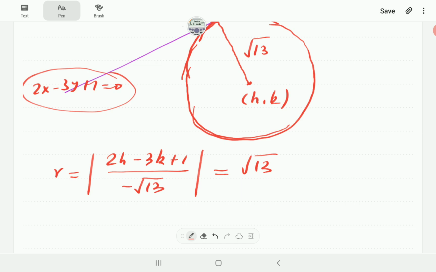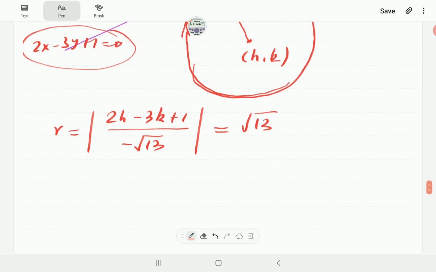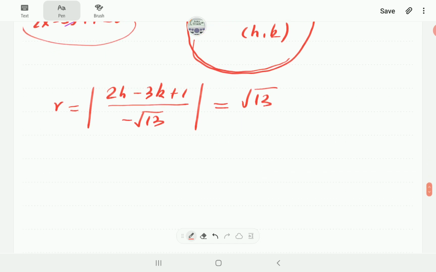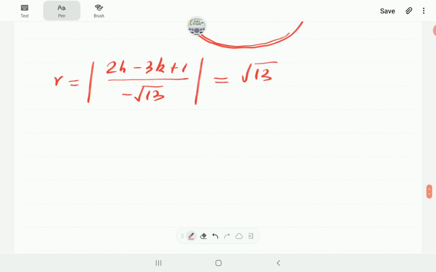Then we can remove the absolute values, but when we do remove the absolute values, we end up with two equations. So first we're going to have 2h minus 3k plus 1. I'm just going to take this as square root 13 because it doesn't matter anyway whether you take it as negative or positive.